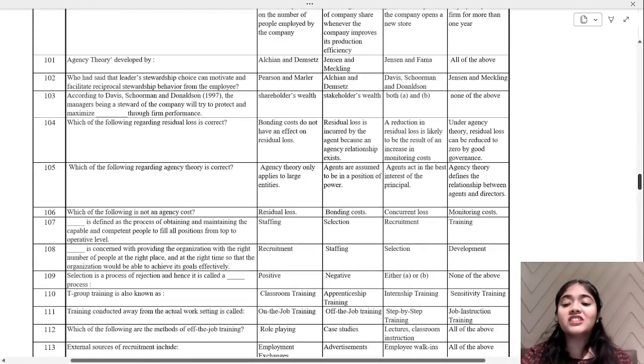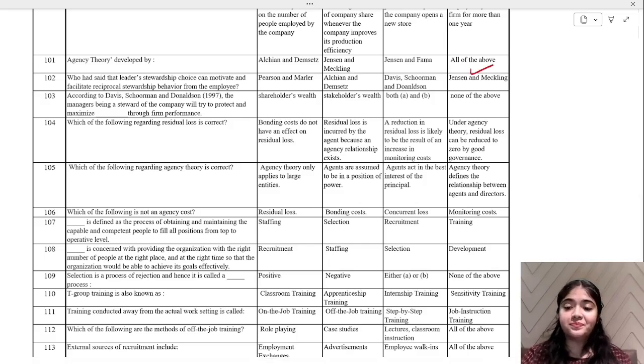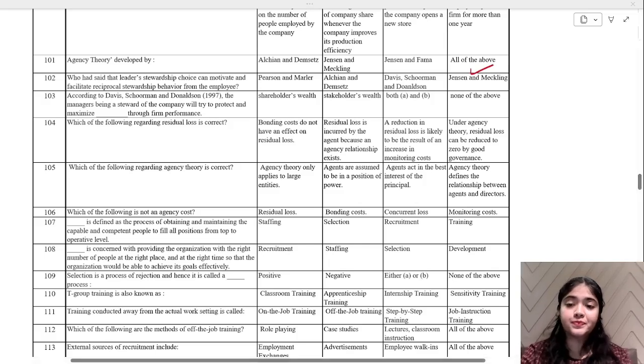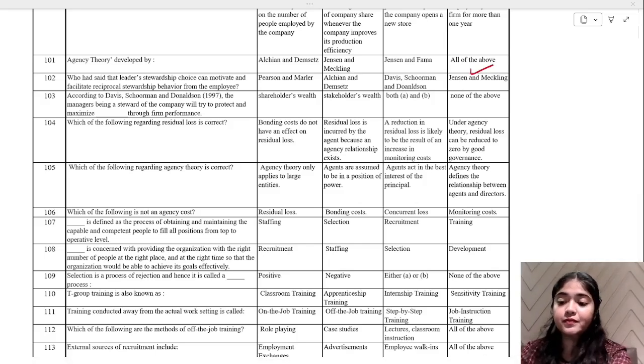Agency theory was developed by whom? Tell me. Yes, Alchian and Demsetz, Jensen and Meckling, and Jensen and Fama, all of them developed the agency theory. Yes. So let's go ahead.